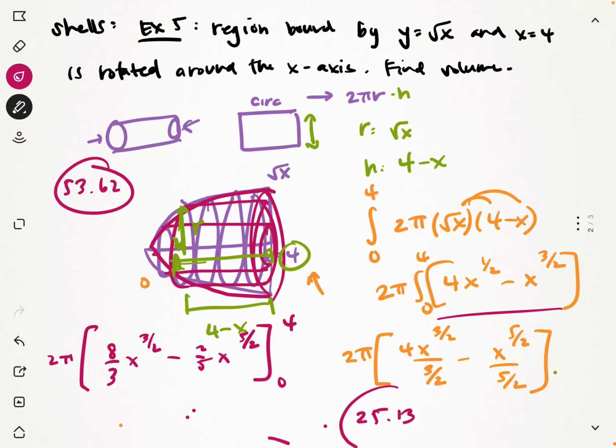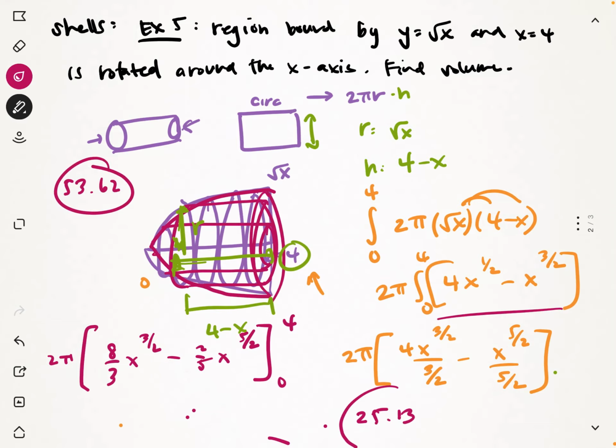53.62. I'm wondering, in the book they did it with respect to y, but we were doing it with respect to x, which we should be able to do both ways. I'm not sure why mine didn't come out. Let me try to redo this.